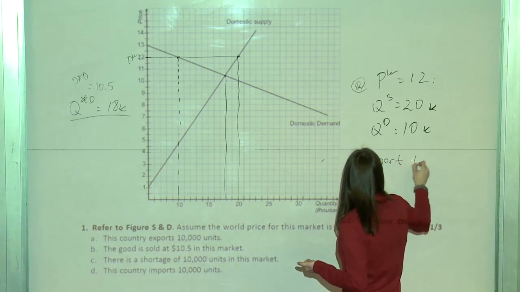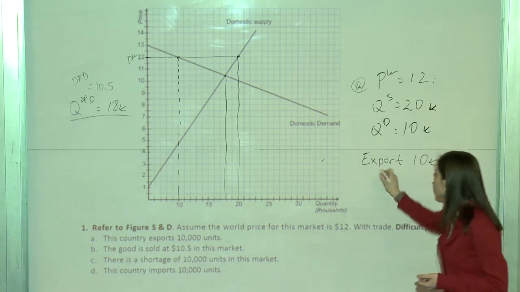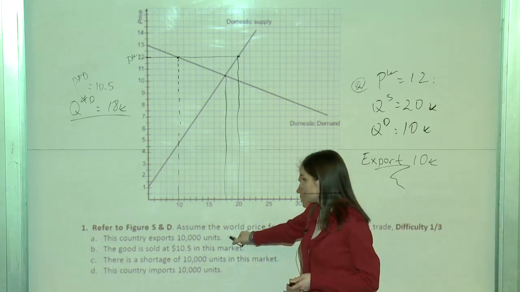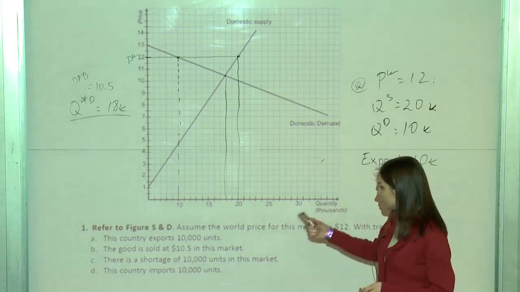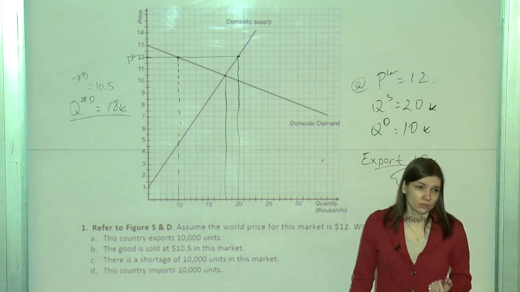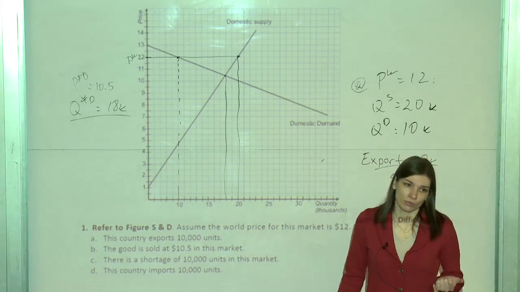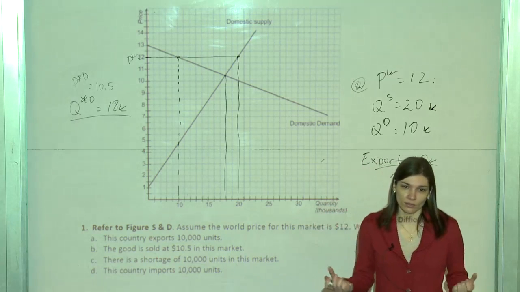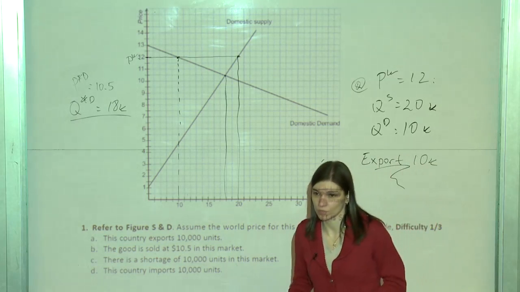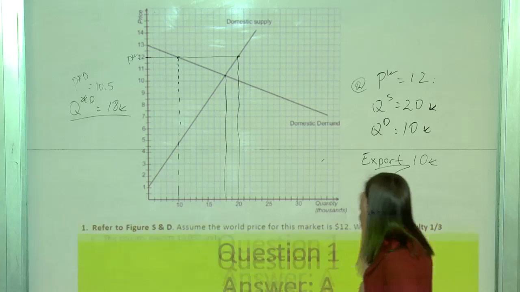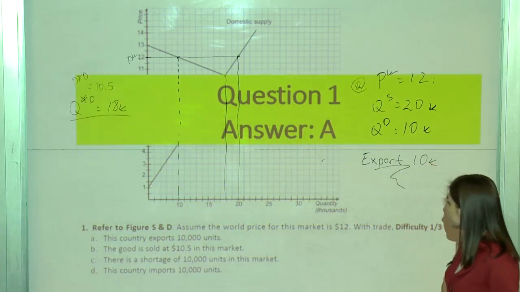So export 10,000 units of this good, which is the answer. So this is answer number A. What if the world price was lower? Then we would import, right? Because then the demand is going to be higher than the supply, and the difference is going to be the amount of units that we need to import. All right. So this is A.